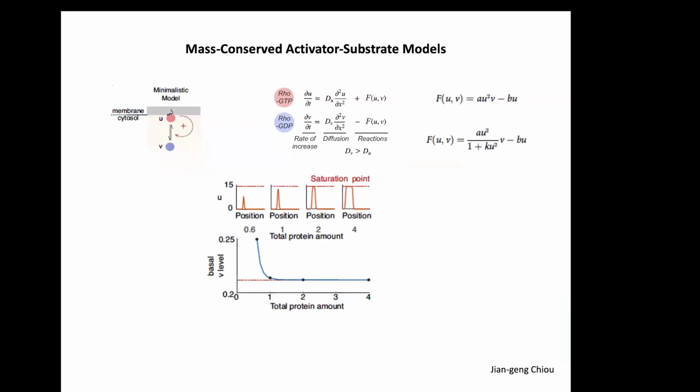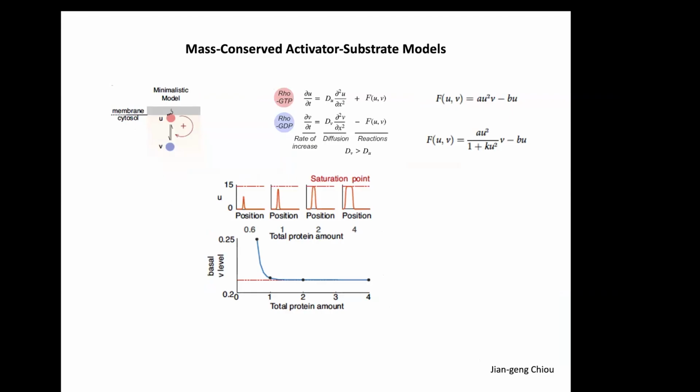Okay. So here are the two most popular ones, but by now there have been on the order of a dozen different versions of F. This one is what Goryachev came to as a simplification of his original model, and it's been called the Turing style model.